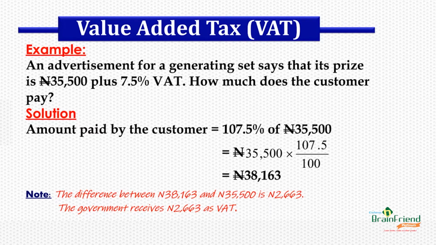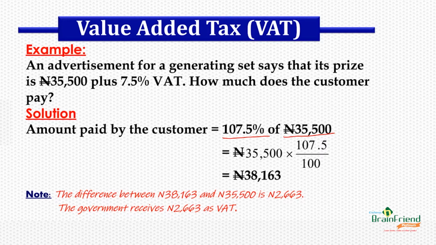An advertisement for a generating set says that its price is 35,500 naira plus 7.5% VAT. How much does the customer pay? Now, to solve that, we have to do a calculation where we'll find out what 107.5% of 35,500 is.